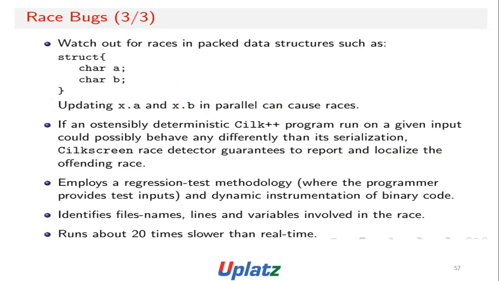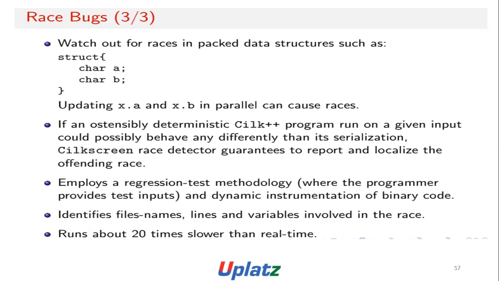Watch out for races in data structures such as struct char a, b. Updating x.a and x.b in parallel can cause races. If an ostensibly deterministic Cilk++ program run on a given input could possibly behave any differently than its serialization, Cilkscreen guarantees to report and localize the offending race.